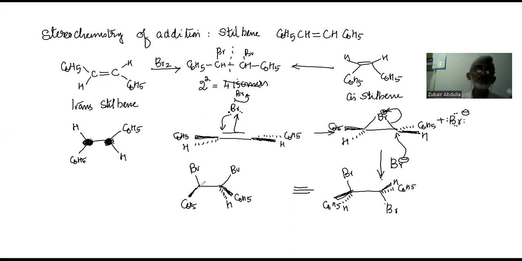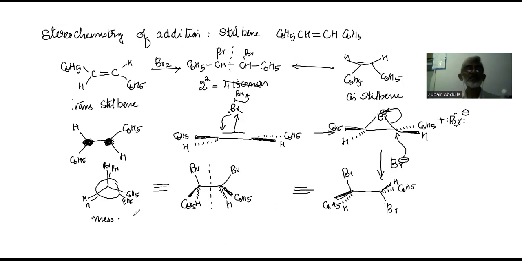Hydrogen on the back side. So if you draw a Newman projection, this is a meso compound. You can see here, this is a plane of symmetry. If you draw a Newman projection, it will be this one: C6H5 and C6H5, and H and H. So this is a meso compound.